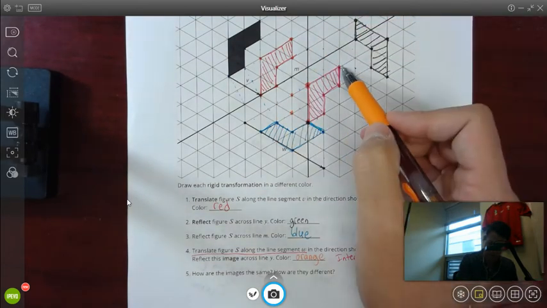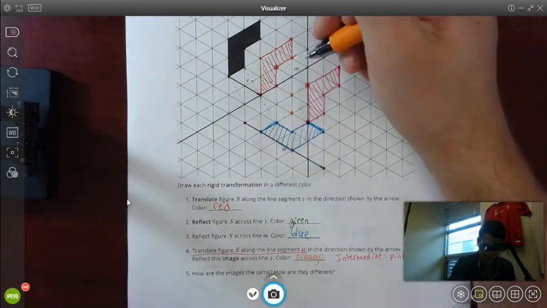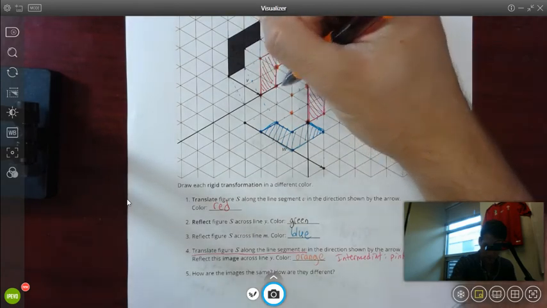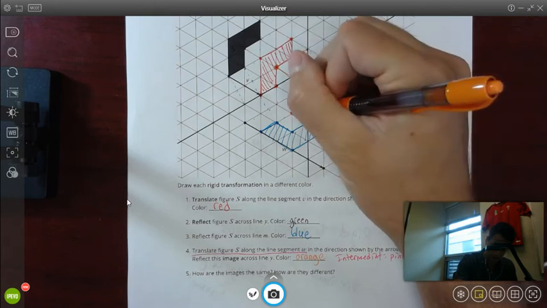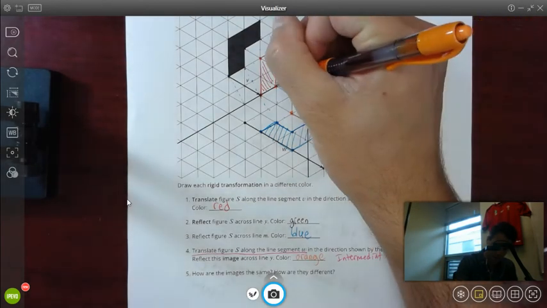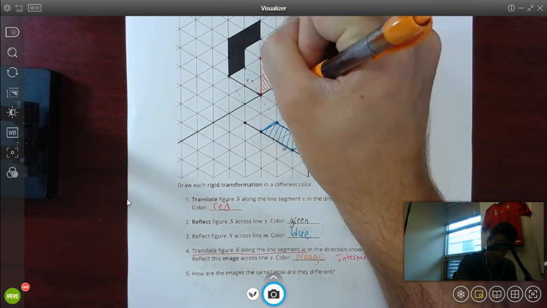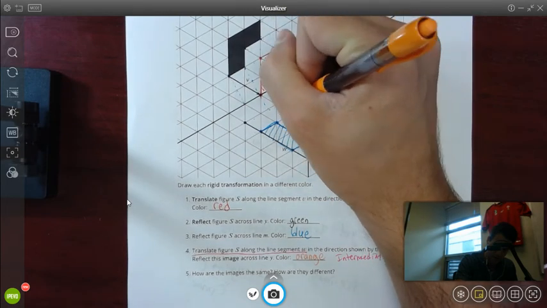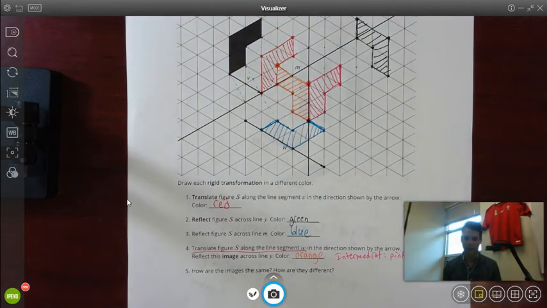And then this shape is 1, 2, 1, 2 across the y-axis. And I can draw that shape for us right here. And we've got two transformations there in a row where we did a translation and then a reflection. And so we have that done right there.